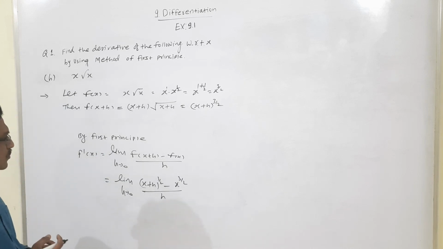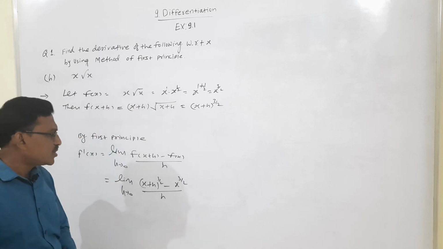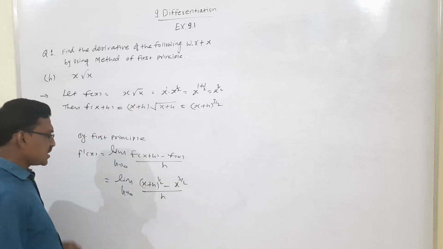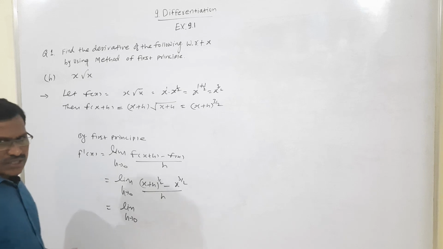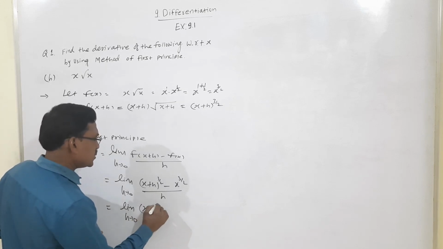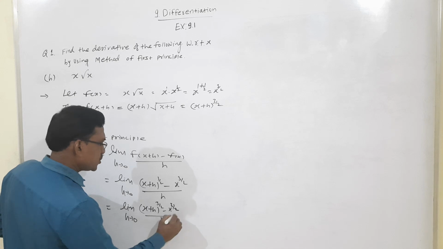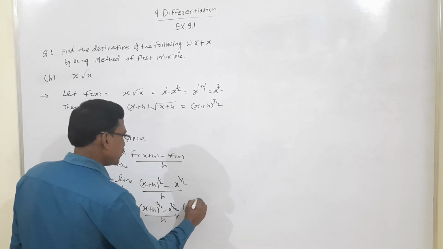Now, this function is an irrational function, so we rationalize the numerator here. The numerator is x plus h raised to power 3 by 2 minus x raised to power 3 by 2, divided by h, into, we rationalize the numerator.